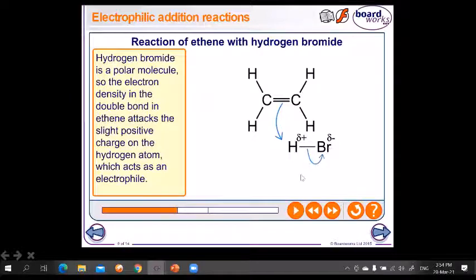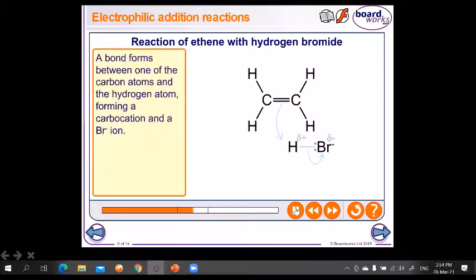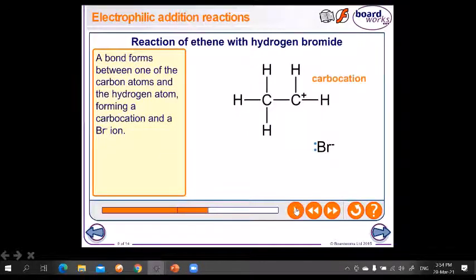And so the electron density in the double bond in ethene attacks the slightly positive charge on the hydrogen atom in HBr, which acts as an electrophile. So a bond forms between one of the carbon atoms and the hydrogen atom. That forms your carbocation, your positive carbon there, and then the Br is left alone as a Br minus ion.